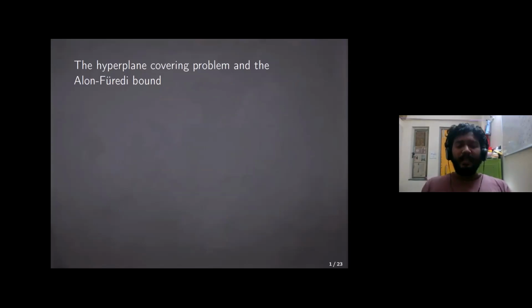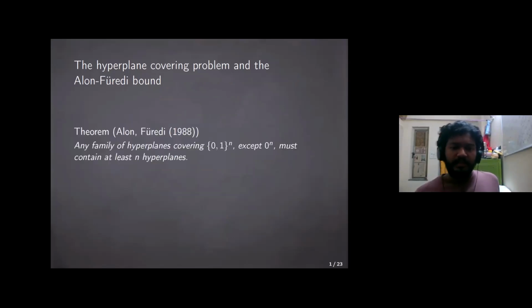So let's start with a classical hyperplane covering problem. And this was solved completely in the paper by Alon and Füredi. So what is the problem? Well, you start with the Boolean hypercube, which we represent by {0,1}^n. And the question is, if you start covering the hypercube with hyperplanes while making sure that you exclude exactly one point, how many hyperplanes do you need? What's the minimum number of hyperplanes that you require?